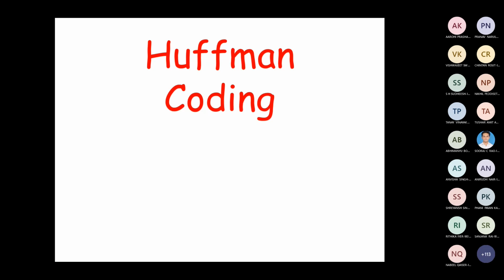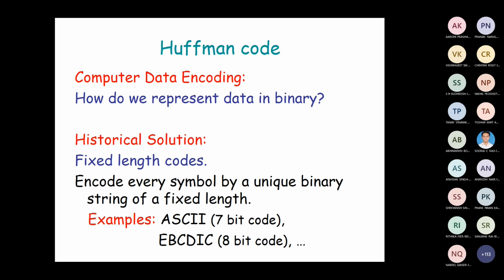For that, you can find a lot of encoding and decoding techniques which are used for transmitting the information through the electronic media. Among those, Huffman coding is one of the codes.